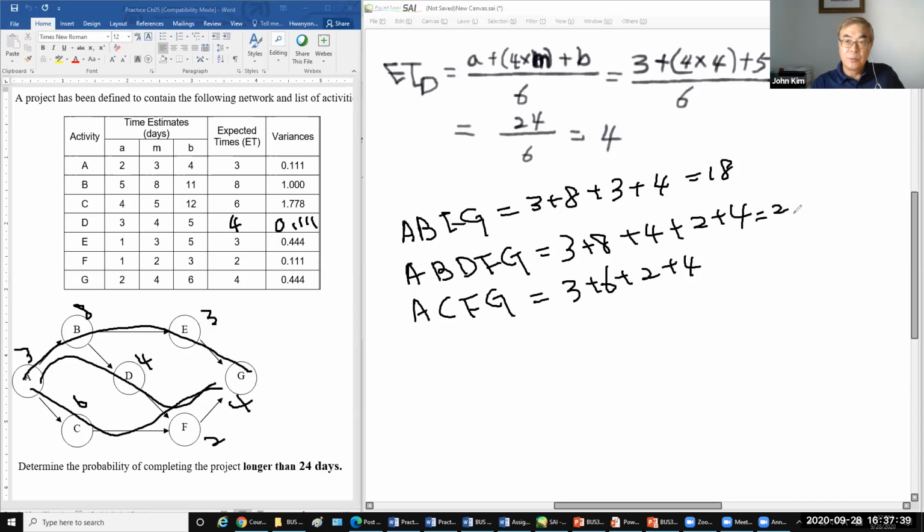So 21 is the longest, so the critical path is this one.